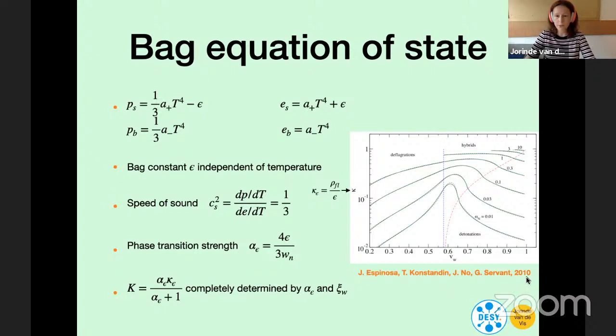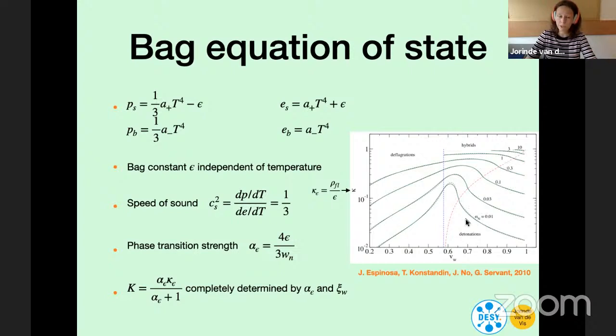Now, in this 2010 paper, the hydrodynamic equations were solved for this model. So they computed the velocity profile, and by integrating over that, you can get the kinetic energy density. And as a result, this quantity kappa, the efficiency factor, could be computed. And this kappa is just a function of the bubble wall velocity, v, and the phase transition strength.